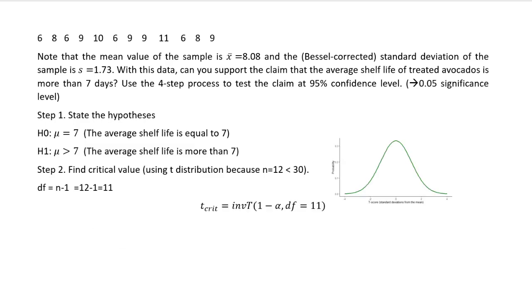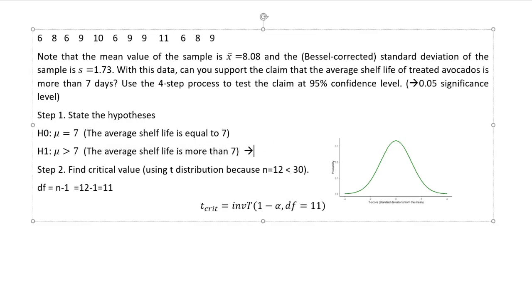And then we have to find the critical value for this hypothesis testing. And one thing that you have to notice here is that because we're testing whether the average is bigger than 7 or not, we actually have to do a one-tailed test rather than 2. So this is important.